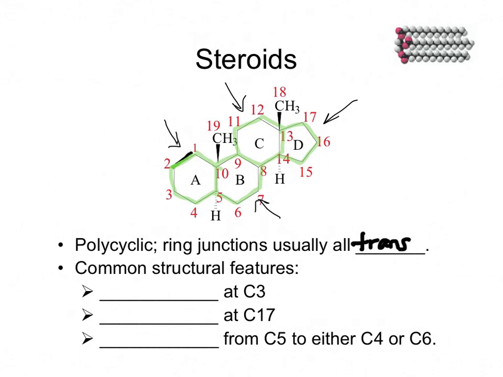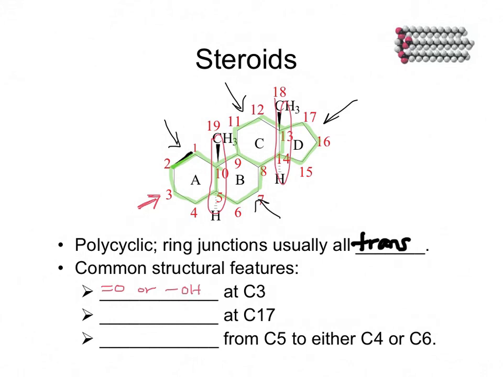Let's just outline that in red right here. That's trans. And here's a ring junction right there. That's trans. Some common structural features: at carbon number 3, right there, it is not at all uncommon to see some sort of oxygen. It could either be a ketone, so a double bond O, or it could be an alcohol.